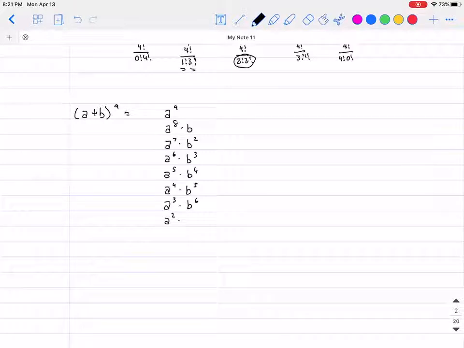Two more after this: a squared multiplied by b to the seventh, a times b to the eighth, and finally the term that contains b to the ninth. The sum of every single one of these terms will give you the binomial expansion that you want.